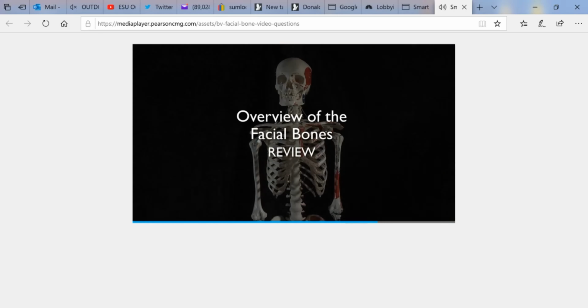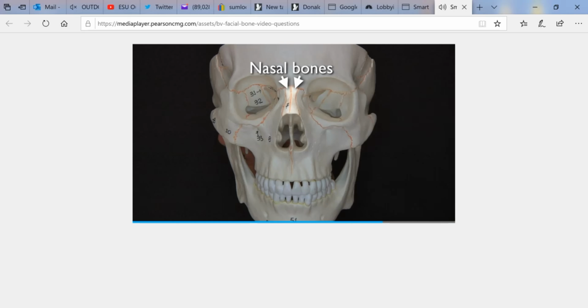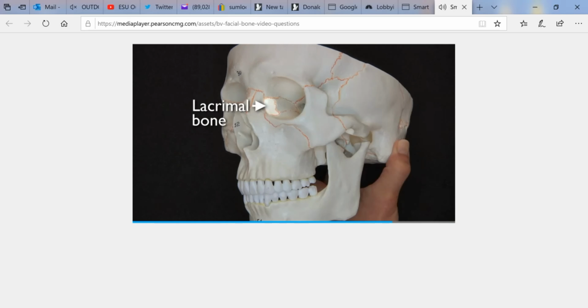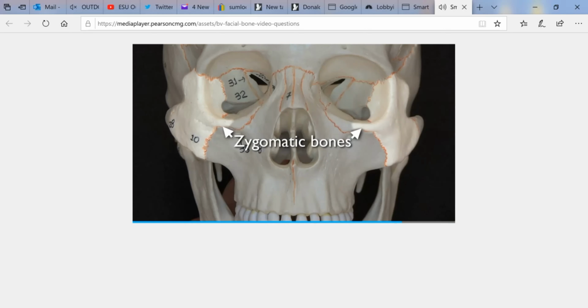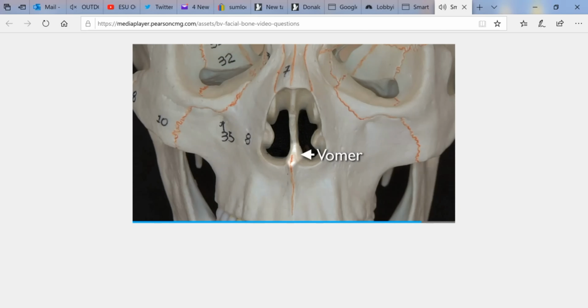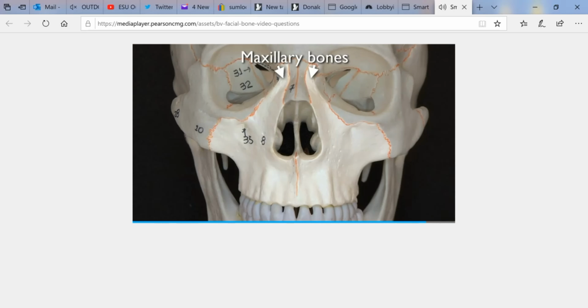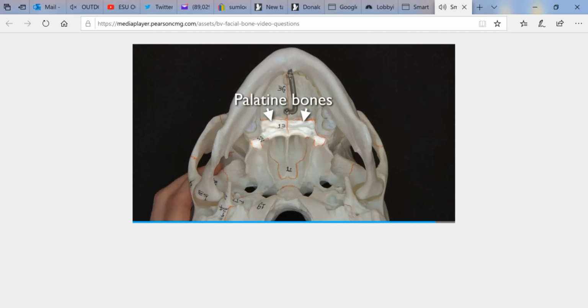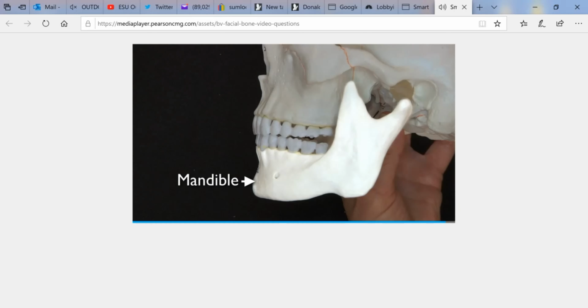Let's finish by reviewing the facial bones. Nasal bones. Lacrimal bone. Zygomatic bones. Inferior nasal conchae. Vomer. Maxillary bones. Palatine bones. Mandible.